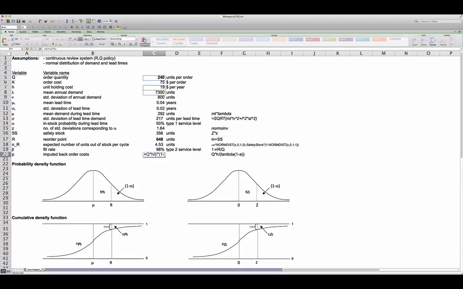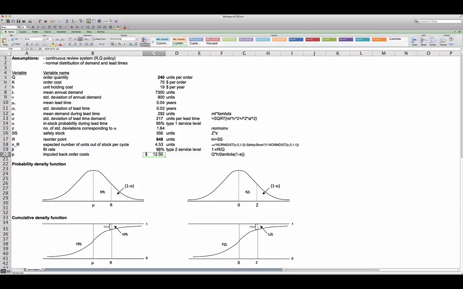So you see for a value of alpha of 95%, I would get an imputed backorder cost of $12.50. Notice that the unit order cost is $19 per year, so it is fairly safe to assume that the unit value is around $100, give or take. So fairly substantial, so a backorder cost of $12.50 might actually make sense.